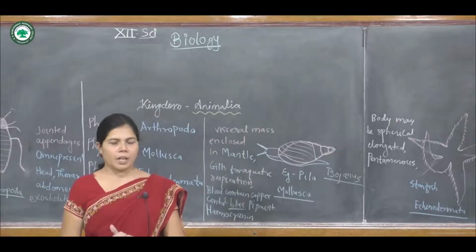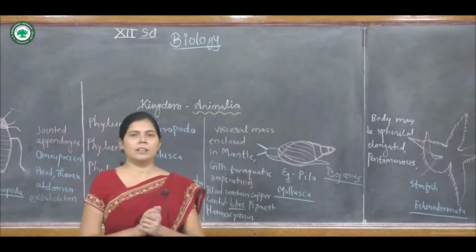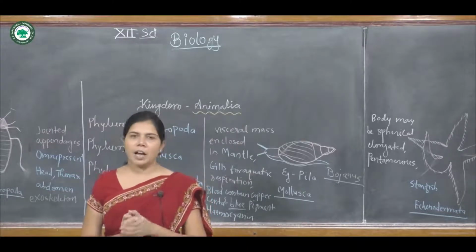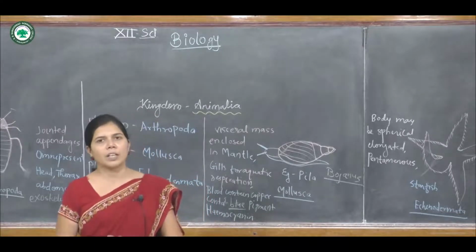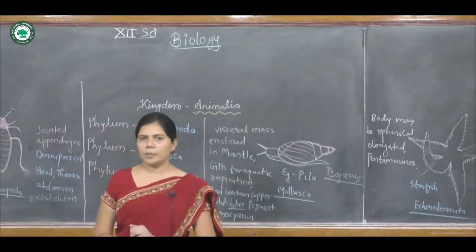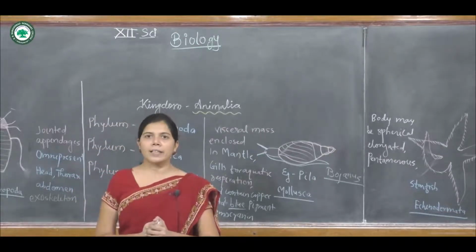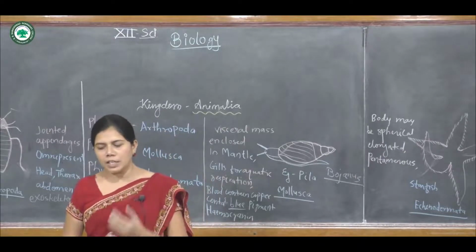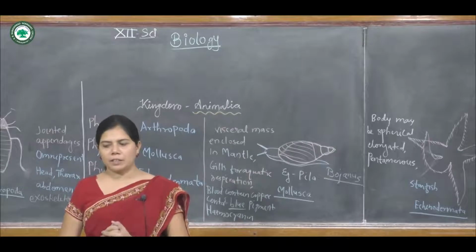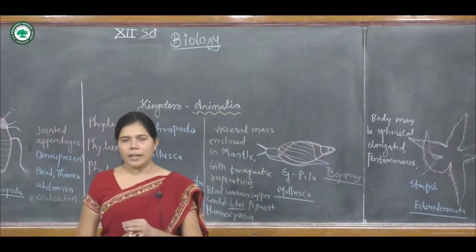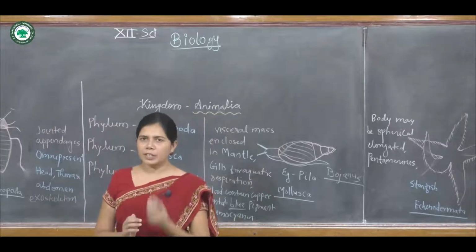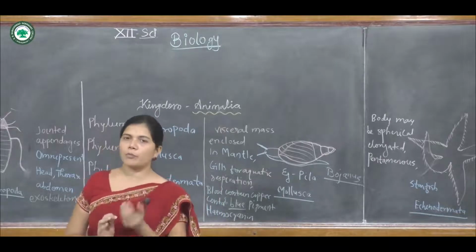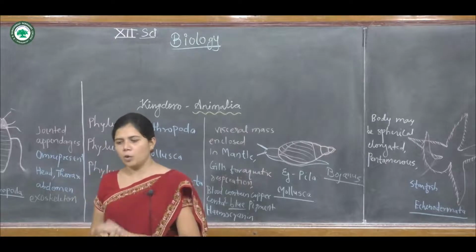In the Echinodermata, the circulatory system and excretory system are totally absent, but respiration is carried out by gills. The water vascular system also helps in respiration, food capturing and locomotion.